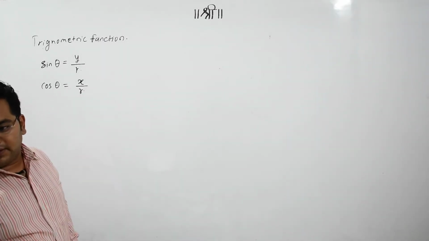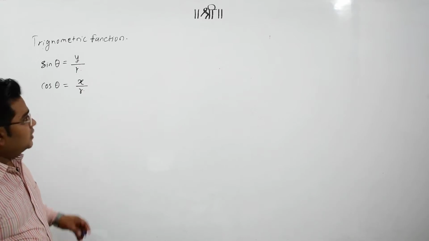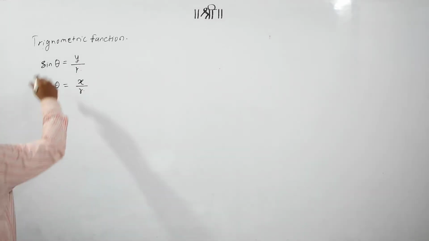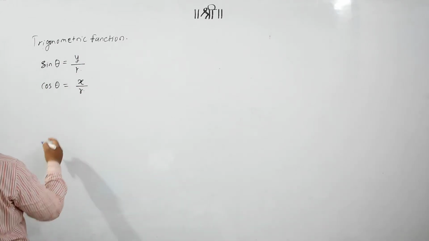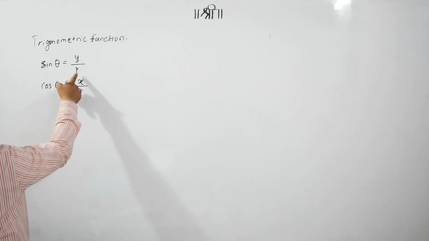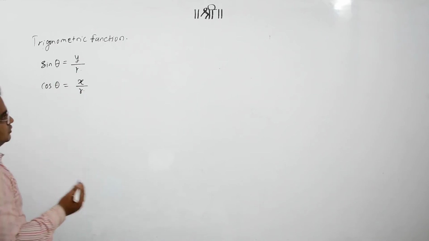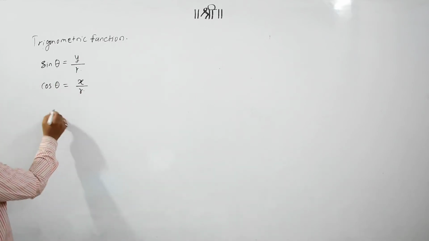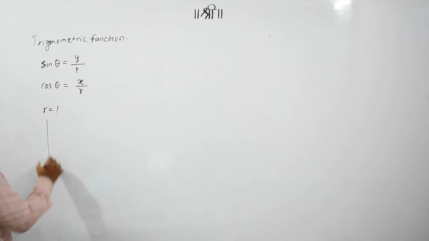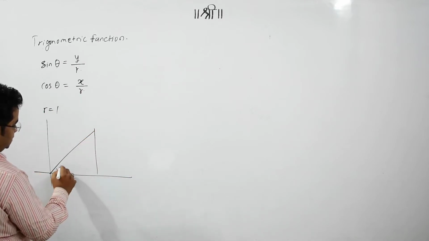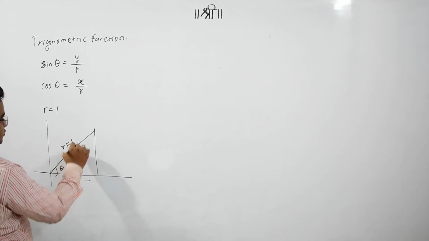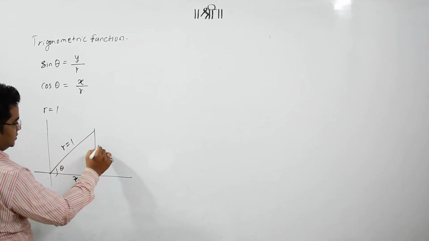When we are finding the derivative, we all have these values with us, but what about this theta and what about this r? When we are dealing with r equal to the unit radius, we will have this in our parameter. This is theta, this is r equal to 1, and this is x, this is y.